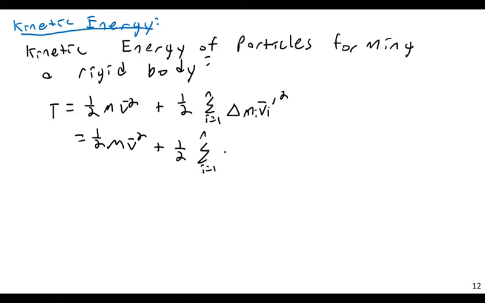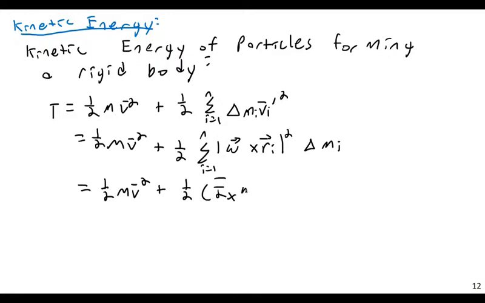Summation i equals 1 to n of omega crossed into r i, quantity squared times delta m i. Or, if I wanted to break this into pieces, looking at each along the different axes, 1/2 m v bar squared plus 1/2 times I bar x omega x squared plus I bar y omega y squared, oh, there's no bar in there, sorry about that, plus I bar z omega z squared, and then we have to get into the interaction terms.